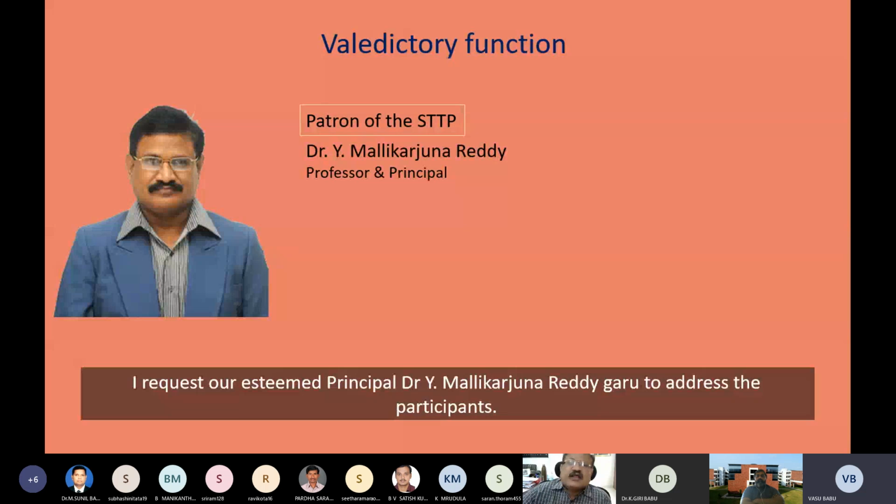So once again, I congratulate all of them for participating in the STTP for 1 week on mixed signal design. So I think we have learned a lot of techniques from the experts from various IITs and NITs.